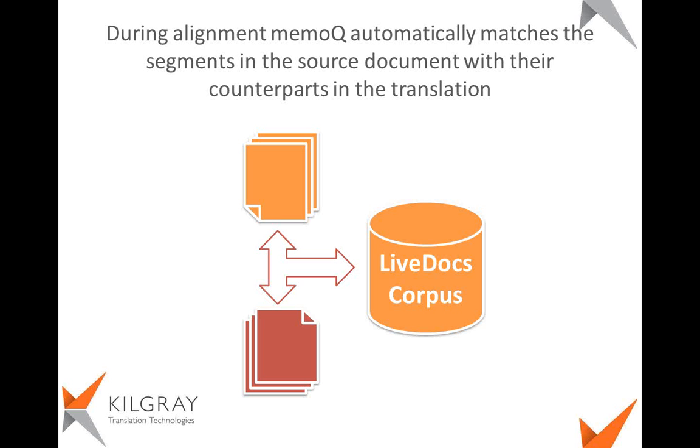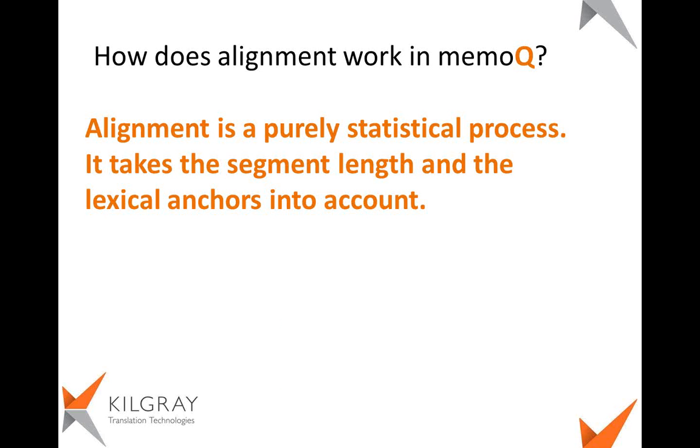And what I'm saying here is that this automatic matching will never be 100% correct. Because the computer will not understand human language. It's a purely statistical process. It's number crunching.